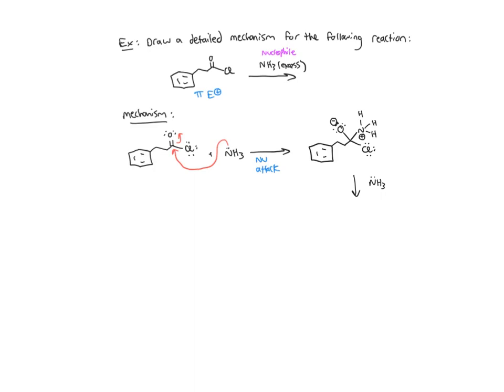It's noted that it is in excess, so we can alleviate that charge, or do that proton transfer off, to get this molecule here, which will be NH2 with a lone pair, and then the oxygen is going to stay the same, and then the chlorine. So we're going to alleviate that charge there.